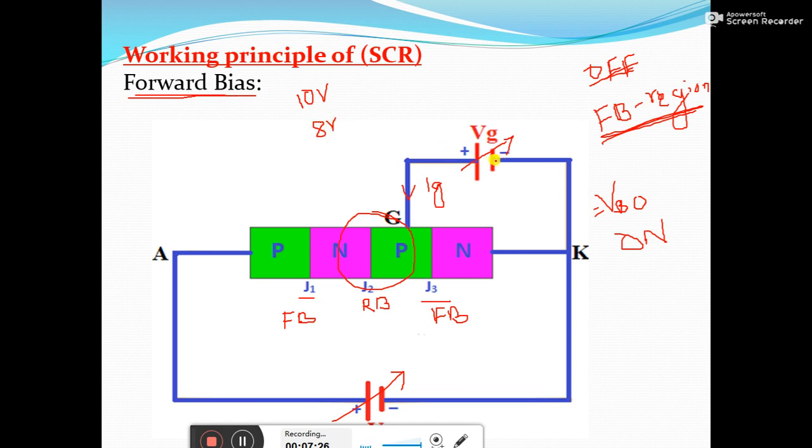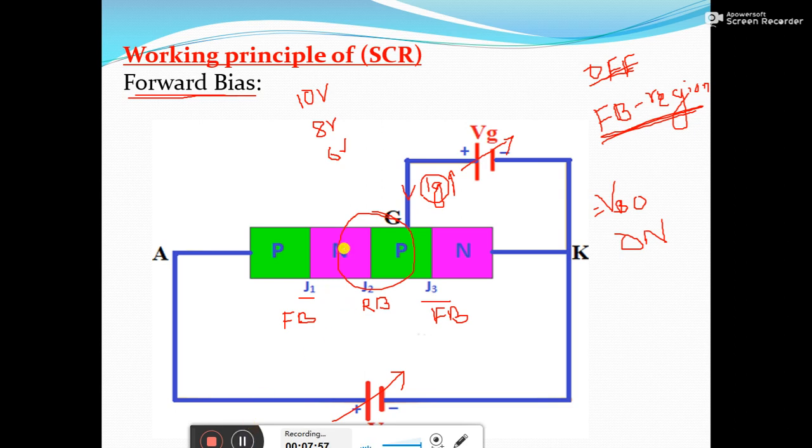If you increase the gate current further, the breakover can occur at an even earlier stage, let's say at 6 volts. Like this, by increasing the gate current at the P type layer, the breakover of the SCR is achieved at an earlier stage. This is the importance of the gate.